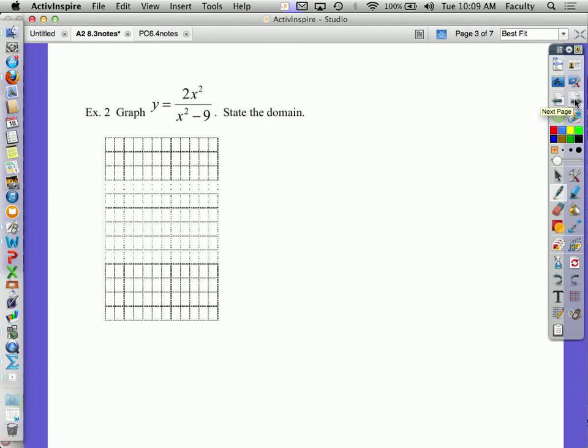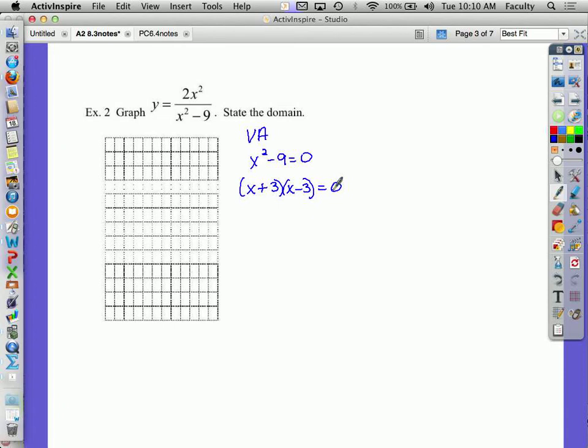All right, example 2 says we want to graph y equals 2x squared over x squared minus 9. We're going to start with the vertical asymptote. You set the denominator equal to 0. In this case, because there's just an x squared, you can either factor it, because it's a difference of two perfect squares, or you could do the square root property, where you add 9 and do the plus or minus root.